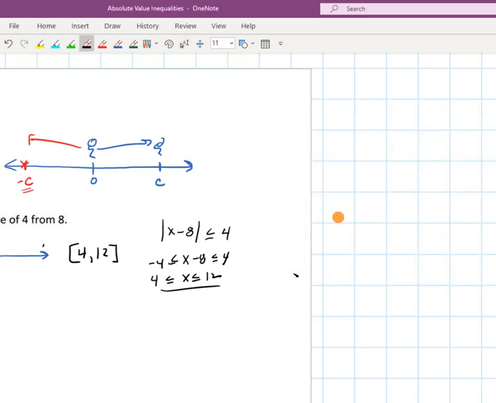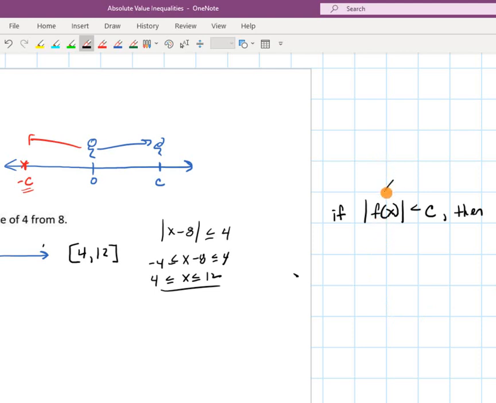All right, so if the absolute value of f of x is less than c, just less than for now, then we write it this way. We say the opposite of c is less than f of x is less than c.